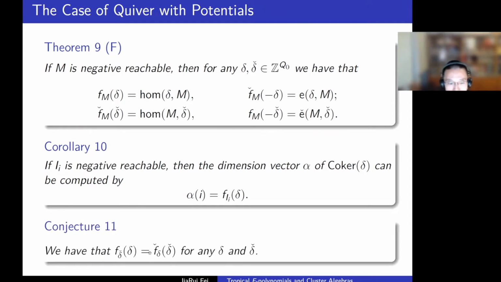In general, I have the following conjecture. If we make M another vector, g-check, then, motivated by these two equations, I conjecture that they should be the same. And this conjecture actually has some important implications, which I will explain later.